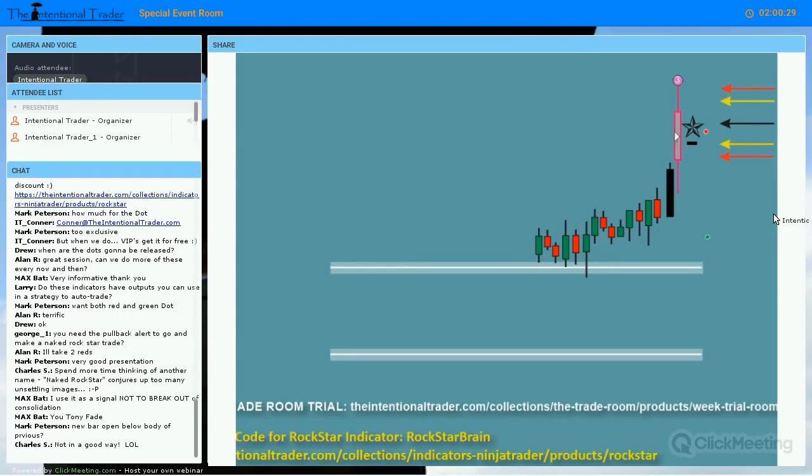But which trend? Inside of every trend there's another trend and another trend. So which trend am I fading? It's hard to say. I might be fading 2 and not fading 3. Hard to say.